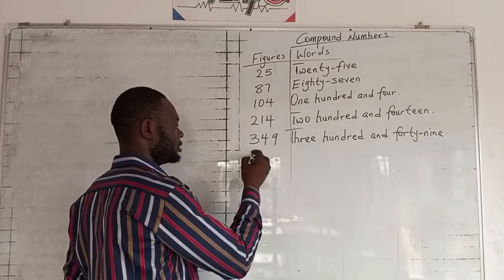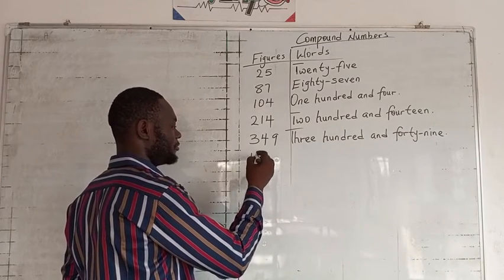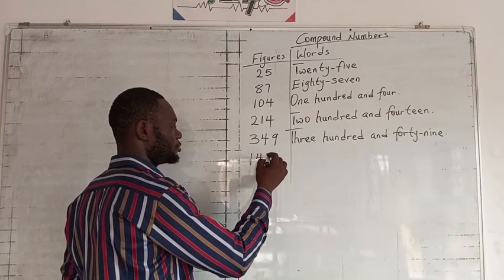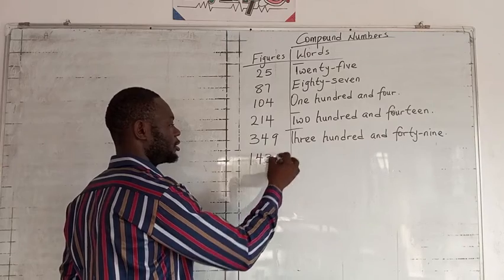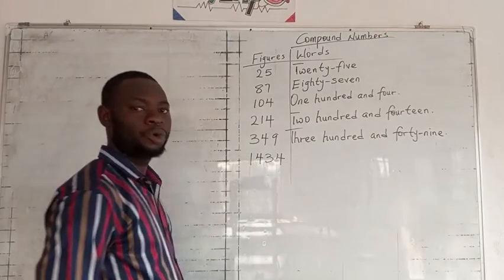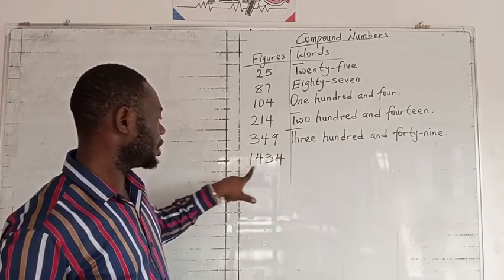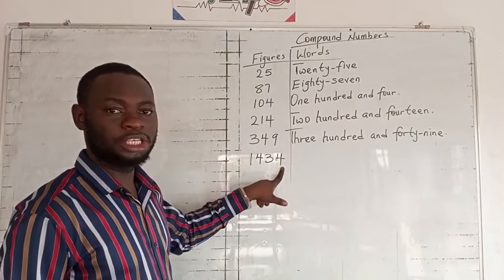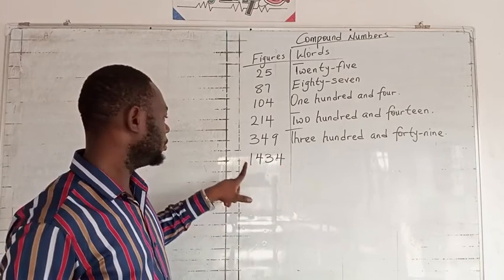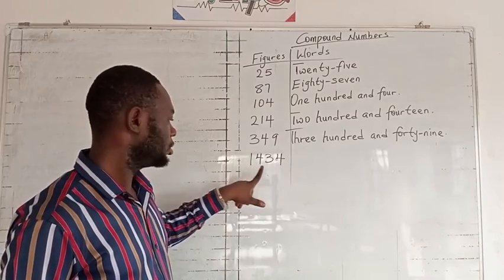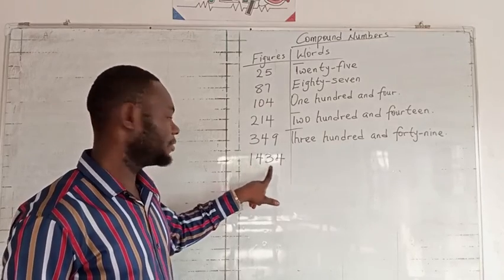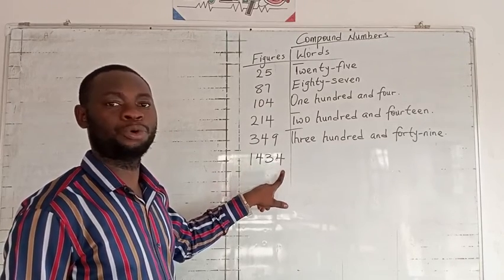Okay, so lastly, let's say I have here 1,434. You see that 1,434 is a compound number made up of 1,430 and 4. Okay?